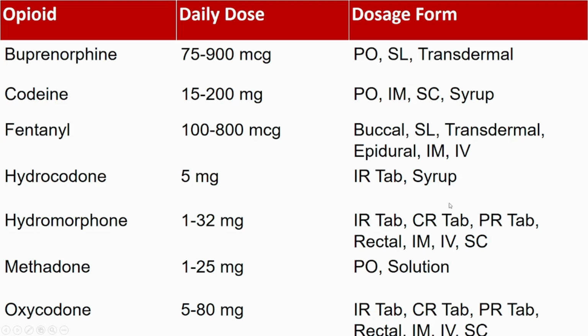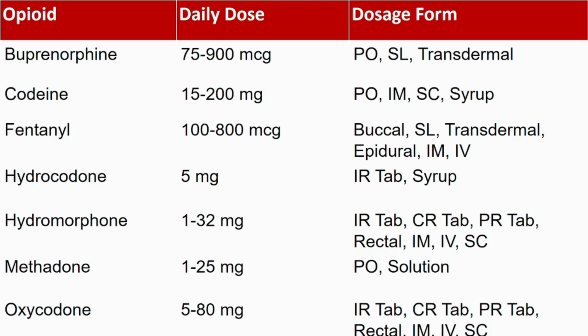Then there are preparations of hydromorphone. Those come in immediate release preparations, controlled release preparations, and injections. Methadone is commonly used for opioid withdrawal management or methadone maintenance therapy, and generally comes in oral forms and solutions.